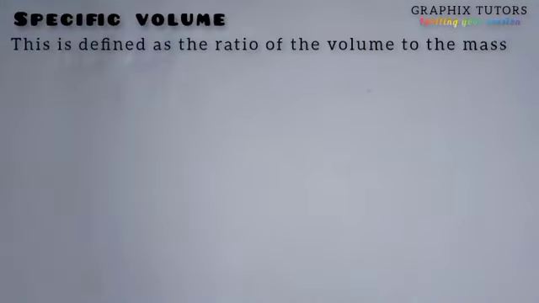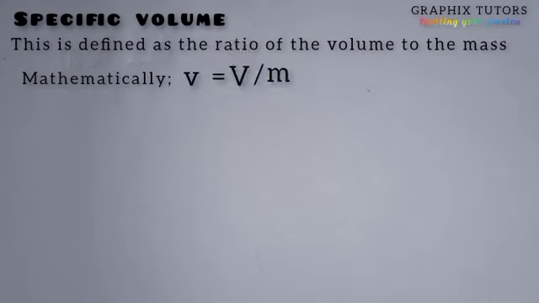Now we say the specific volume is given as the volume over the mass, the capital V over the small m, and is represented in meter cube per kilogram. Now recall in mathematics, if you have a fraction, the numerator over the denominator, and I want to invert it, I will introduce a 1 on it.